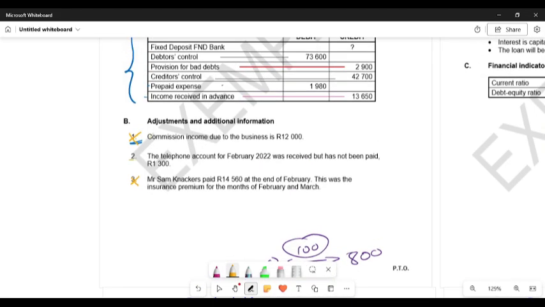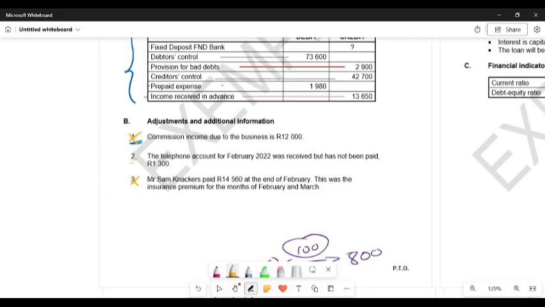Now, if we look at transaction number two, a telephone account for February was received but has not been paid. Now, what does this mean? It means that we received a statement which shows us how much we owe for the telephone account for the month of February, but we didn't pay that amount, right? So when they say a telephone account for February 2022 was received, it simply means that we received a statement or some form of communication which informs us that this is how much your telephone bill for this month is, right?